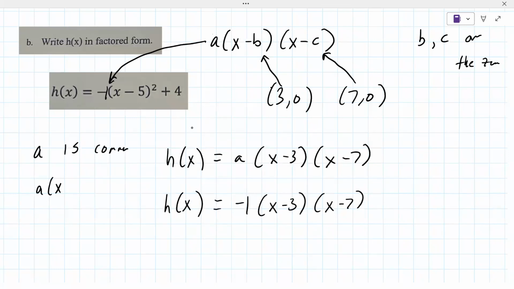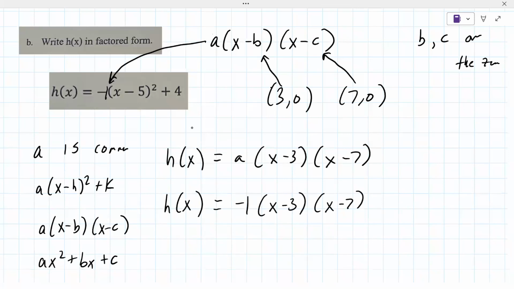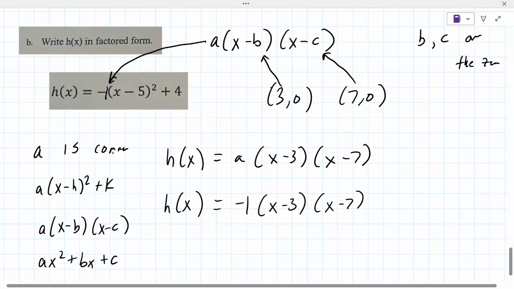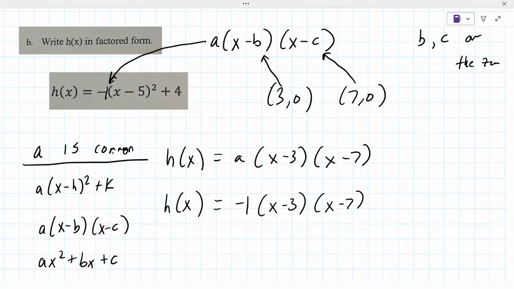So there's a(x - h)² + k, a(x - b)(x - c), and then there's ax² + bx + c. A is common to all the forms. One of the nice things about it, but you've got to check with your instructor because maybe that's cheating. It's not really, it's just a shortcut, right? But I don't grade your assignments.